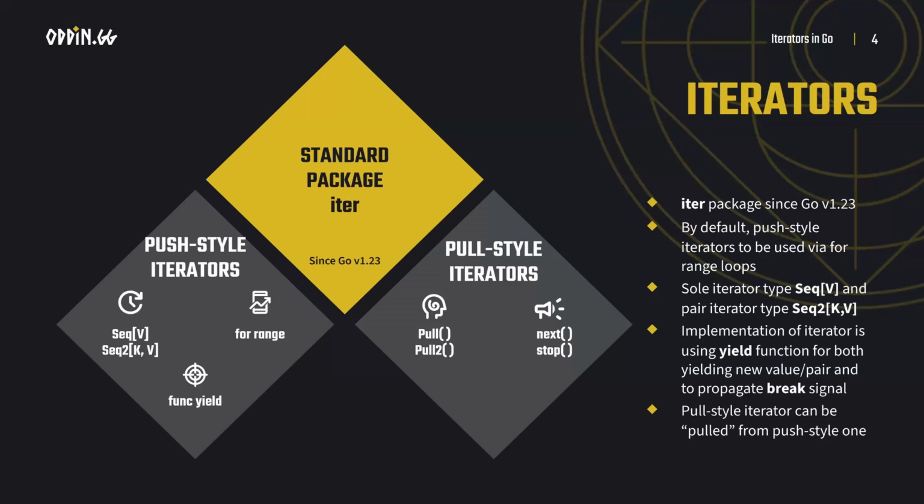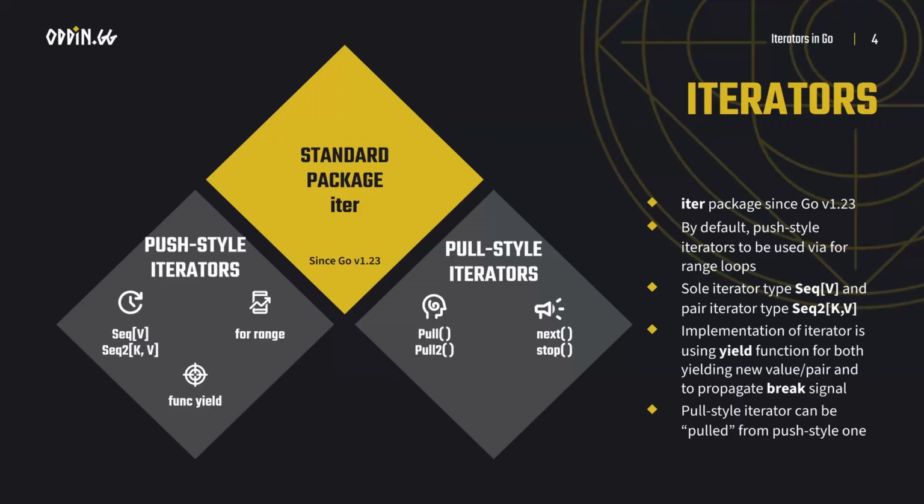They use a yield function, through which you publish all the values to the outside world. And the outside world consumes the iterators using simply a for range loop. Nothing else is needed. I will show you an example in a while.